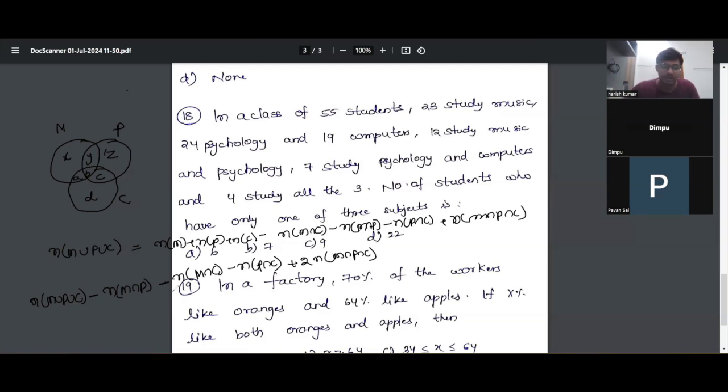And we know n of m union p union c telsu, right? First of all, you have to find n of m union p union c. The 55 students andaru anukokudu. Okay, so ikkada nunchi adi kanukovali. 23 plus 24 plus 19 minus 12 minus 7.